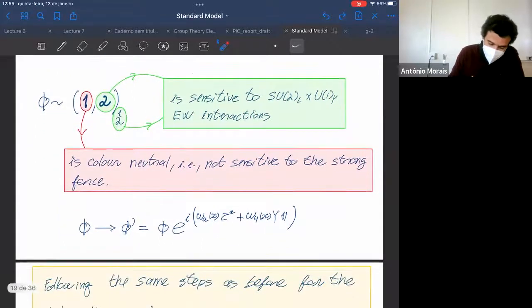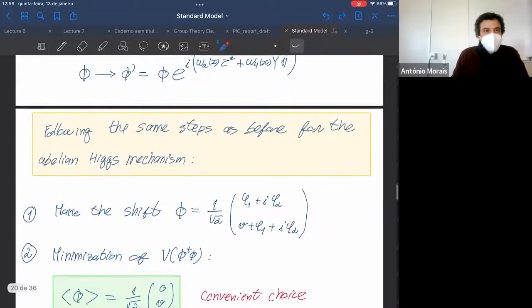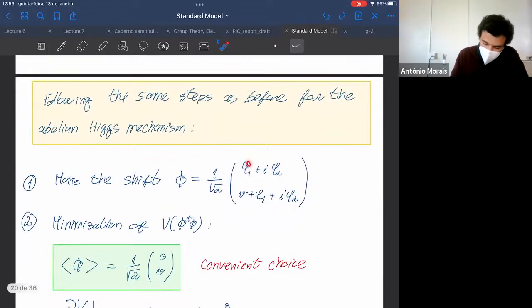Now the transformation has a part with the SU2 and another one with the U1 in the usual way that we've done. These are two matrices actually, one SU2 and one from U1, but it's defined in terms of an exponential, so you can write it this way. And now we just follow the same steps as before. You make a shift on phi, basically adding this v, and at the vacuum, when all the fields vanish, you have this configuration.